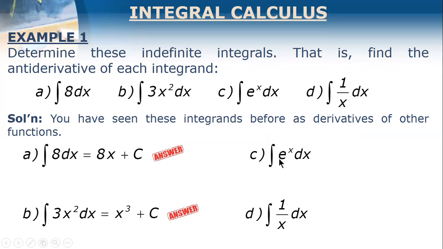Letter C. If e raised to x is a derivative, what would be the function whose derivative is e raised to x? The answer is e raised to x, because the derivative of e raised to x is still e raised to x. And then last, if 1 over x is a derivative, what would be the function whose derivative is 1 over x?